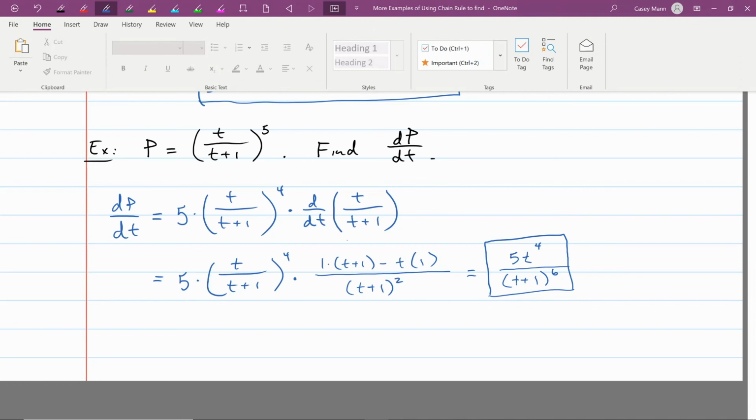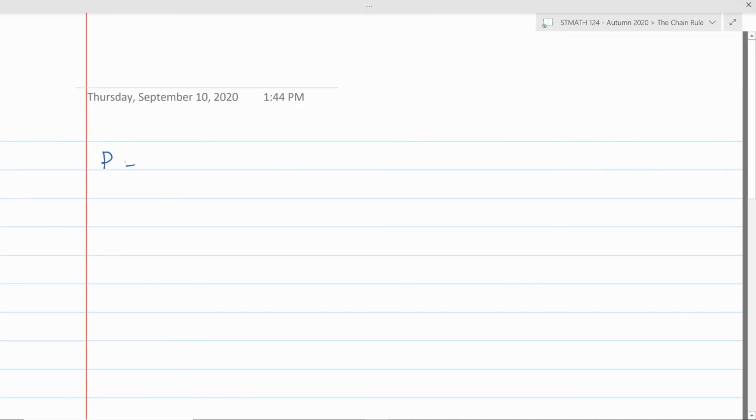Now on this last example, we could have taken the more spelling-it-out route where we explicitly name the inside function, we give the inside function a name, like maybe you call it u. What do we have there, t over t plus 1 to the fifth. I could say, take the inside function here and call it u, so that this is u to the fifth.